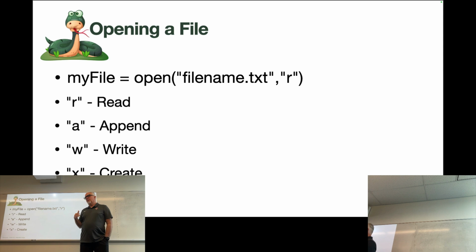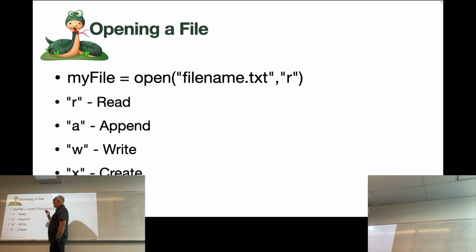It dictates how it handles the file if it already exists, and it also handles how our software will interact with the file. So R, you can see here, stands for read. It will only work if that file exists. If it doesn't exist, it will produce an error, and it's only for getting information from the file. You cannot change the file with read.